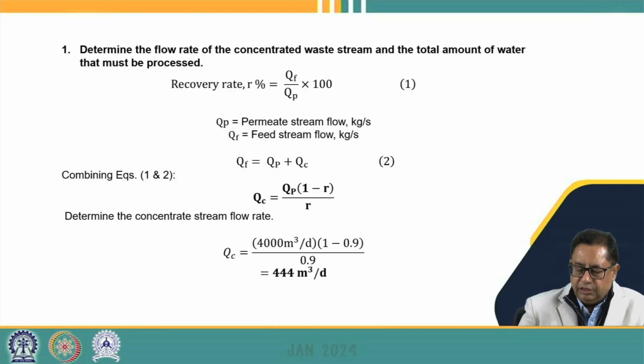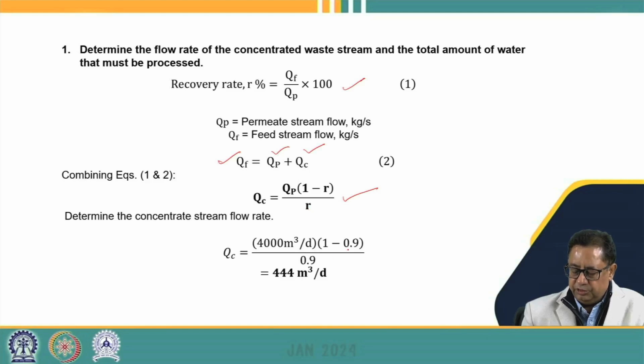So we know that the recovery rate is QP by QF into 100, and we also know that the flow of the feed is equal to flow of the permeate plus flow of the concentrate. By applying these two equations, equation 1 and 2, we can combine and calculate the flow of the concentrate, that is QC is QP into 1 minus R divided by R, where R is the recovery rate.